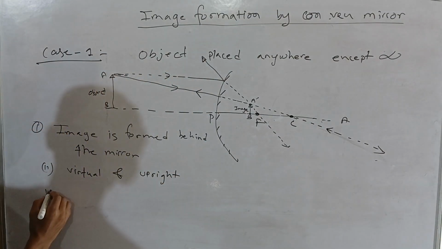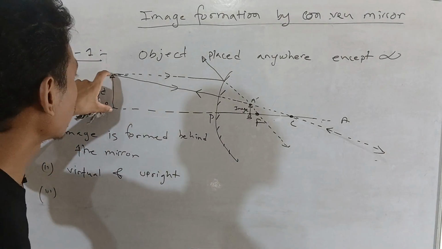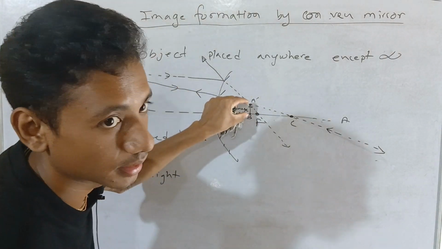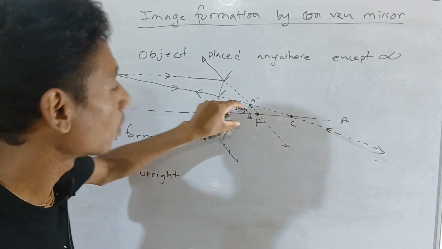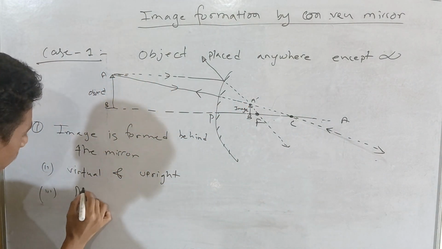Third, this is the object size and this is the image size. The image size is very small compared to the object, so the image is diminished.